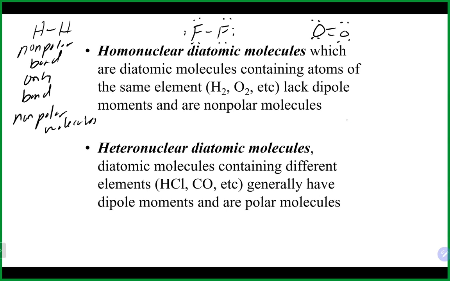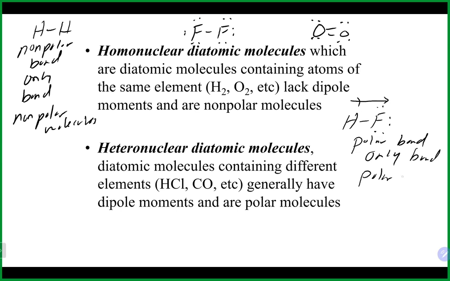That is different than when we get something like HF, which is a heteronuclear molecule. This is a polar bond, as we talked about, heading towards the fluorine, which is more electronegative. Once again, because that is a polar bond, and that's the only bond we have in the entire molecule, it would be a polar molecule. So polar bond, only bond, polar molecule.